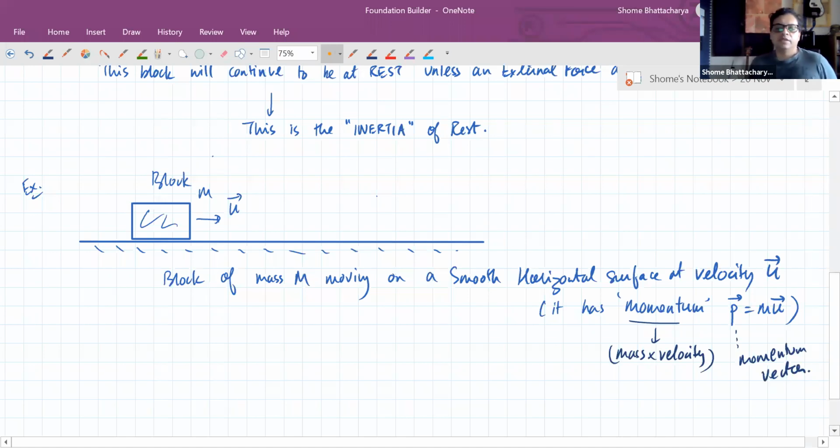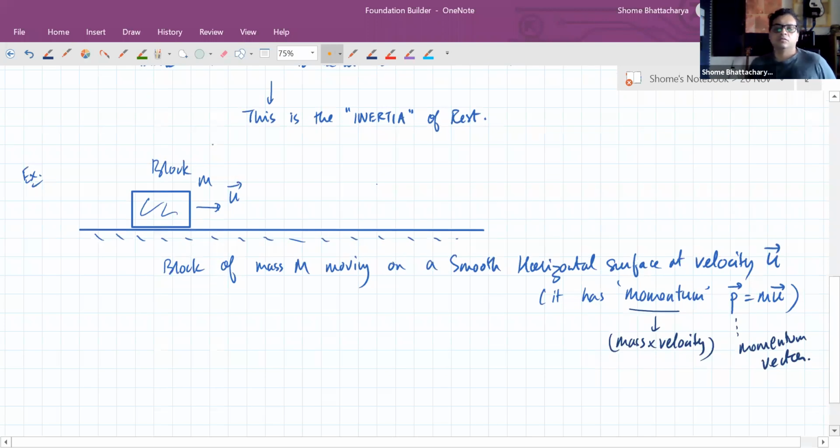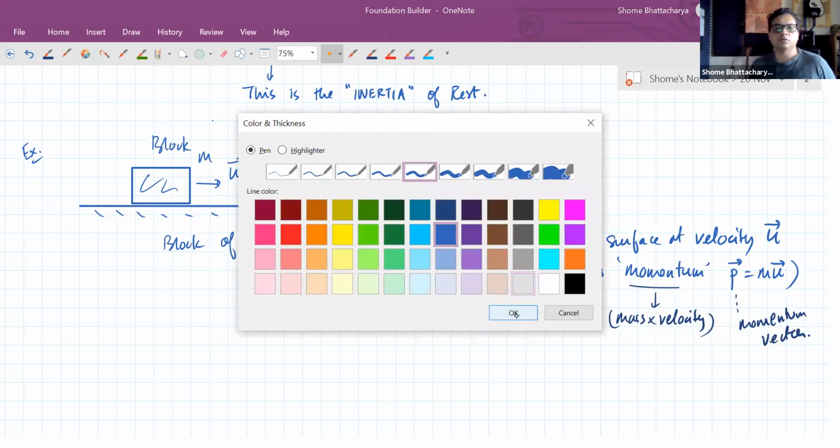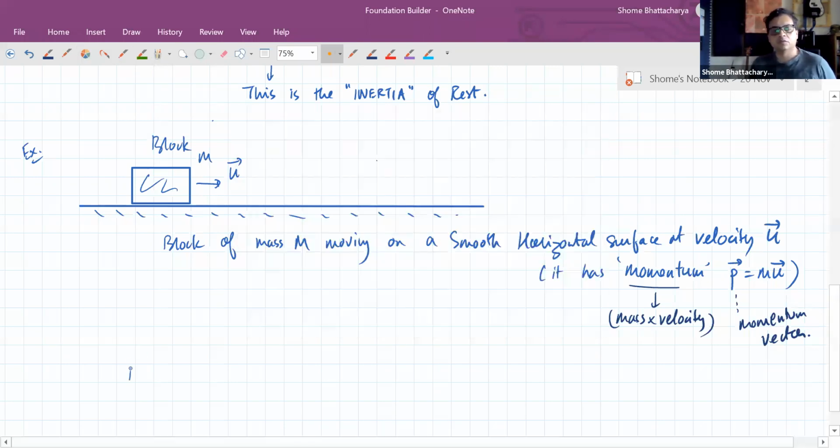Now we know that if we want to stop the body, for example, then we have to apply some retarding force. On its own, it will not stop because it's on a smooth surface.